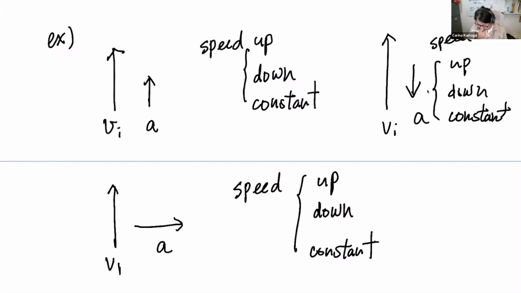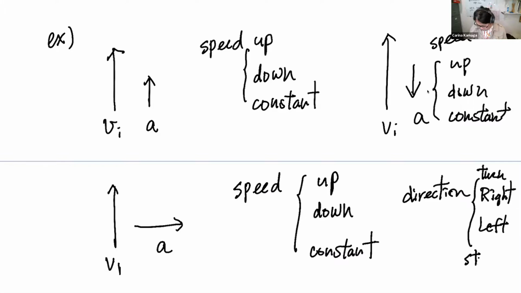If it's completely perpendicular, what happens to the direction? Does it turn right, left, or go in a straight line? Same thing here: what happens to the direction? Turn right, left, or straight line? Same thing here.